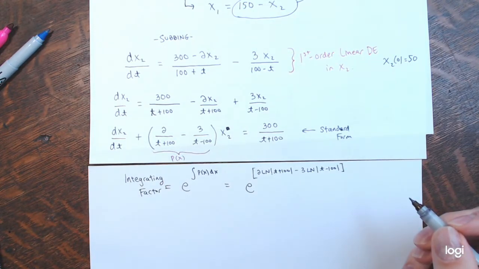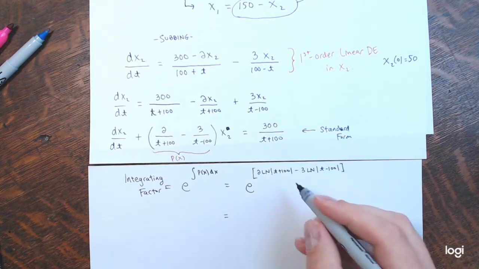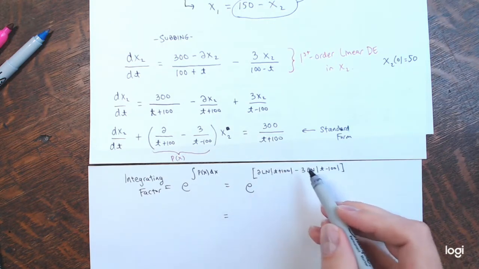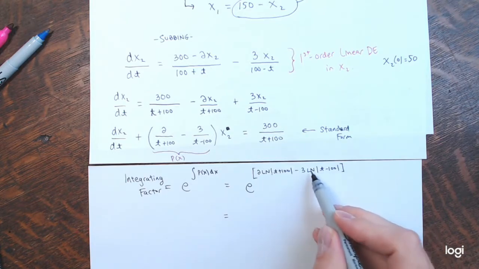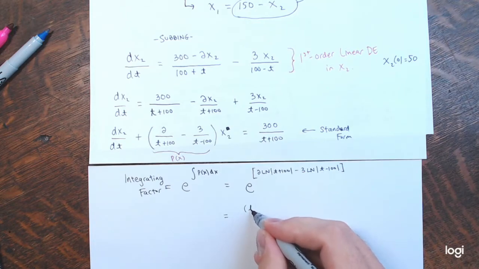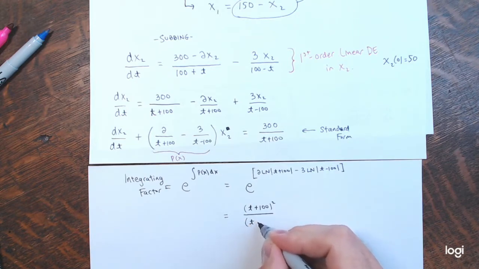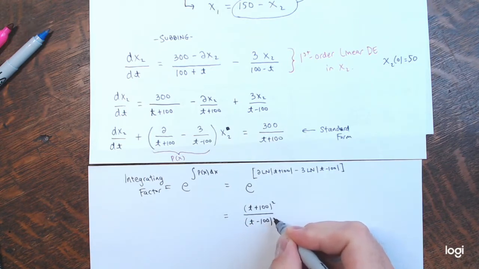Using properties of logarithms, this ends up being t plus 100 squared divided by t minus 100 cubed.